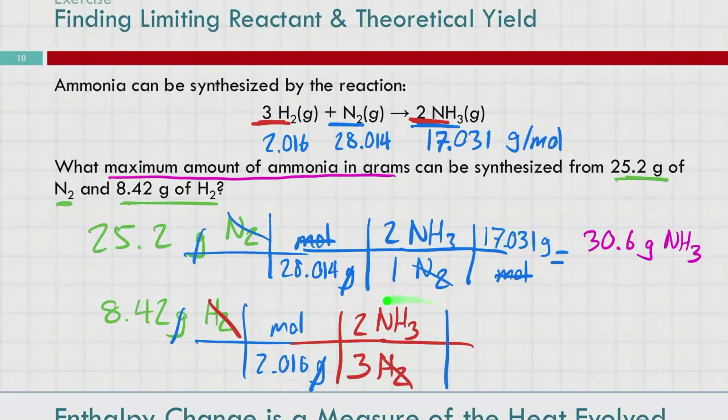Now we've got moles of NH3, ammonia, and our molar mass for ammonia is still 17.031 grams per mole. The moles cancel. Put the numbers in the calculator. And the number is 47.4 grams, not H, NH3.